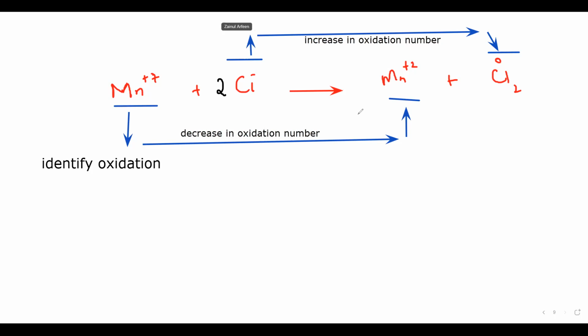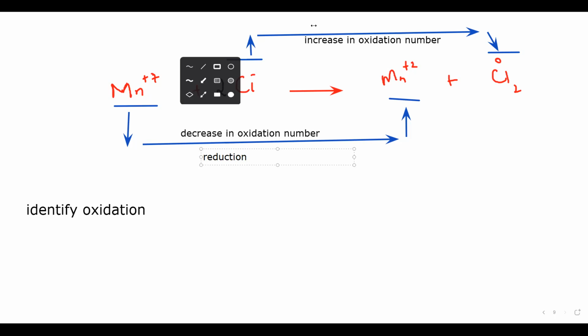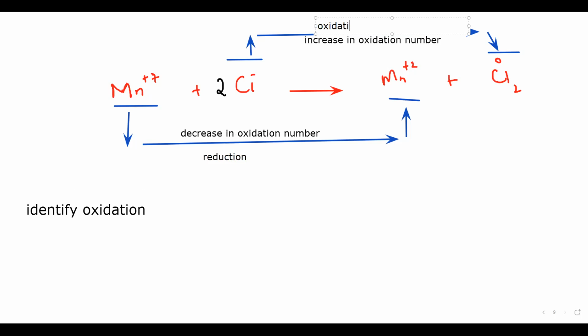So when we work out which change is oxidation, the first one, Mn plus 7 changing to plus 2, what do we call it, oxidation or reduction? There's a decrease in oxidation number. What is the name given to this change? It is a reduction because the charge is decreased. And for chloride, the charge increased, so we call that oxidation.